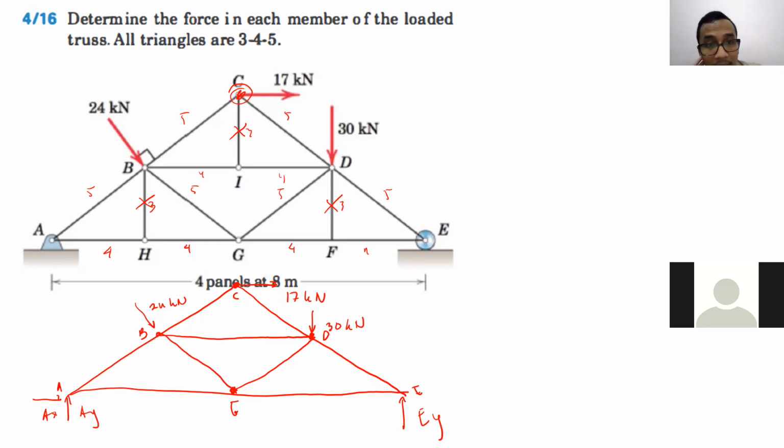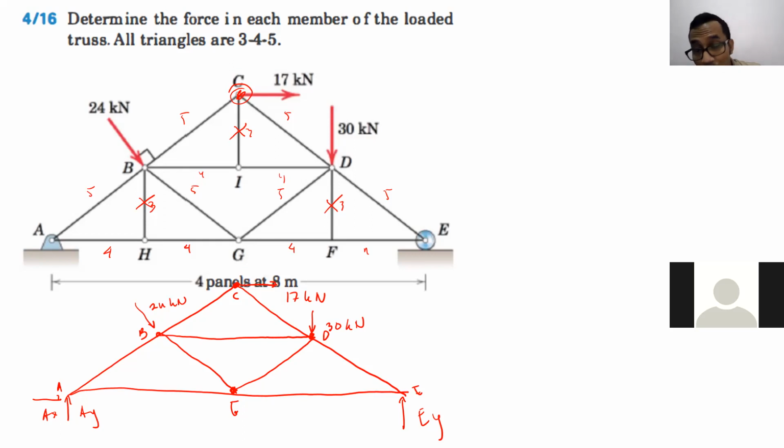In the simplification you can see, previously we had members BI and DI, but now I join them together to become member BD. Maybe some of you will ask, sir, will it become a problem? No, it won't, because the force value in members BI and DI will be exactly the same.